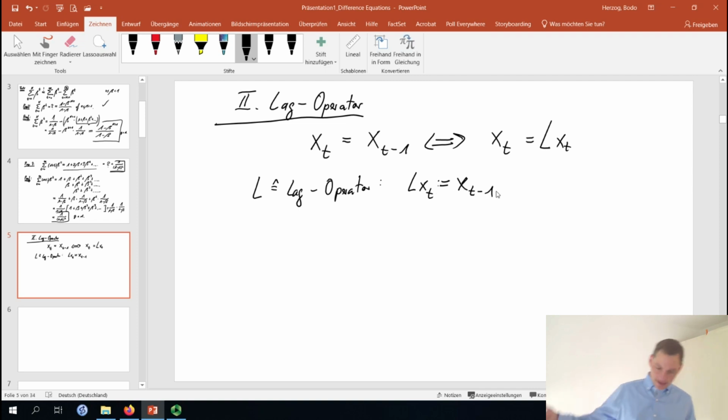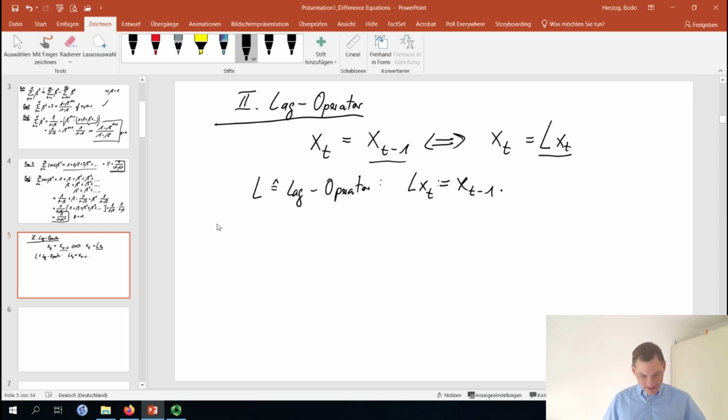This is my x_{t-1}. So instead of having on the left-hand side the x_{t-1}, I can write it as L of x_t, because my lag operator will basically shift the time period 1 period into the past to x_{t-1}. And this is a very influential concept when we talk about difference equations in a moment.